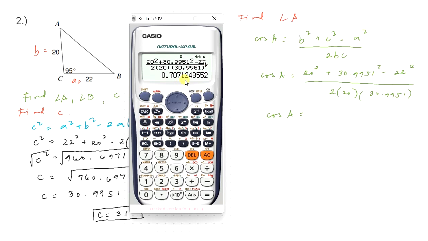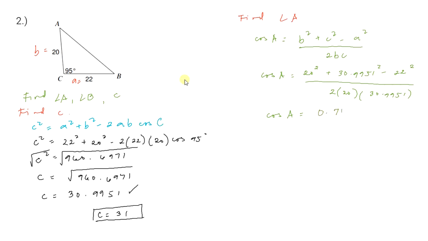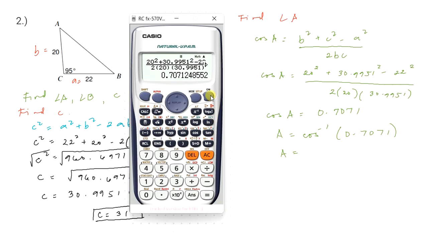Since we're looking for the value of angle A, A is equal to cosine inverse of 0.7071. From that we can get the value of our angle A. Shift, cosine, and then 0.7071.